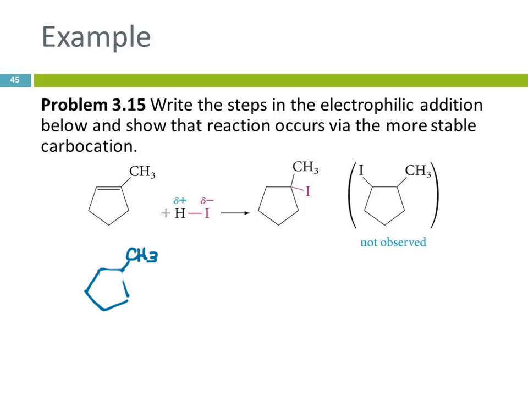So we get rid of the double bond. We could put the hydrogen over here. If the hydrogen goes to this carbon, then where does the positive charge go? It goes to the other carbon in the double bond. So this one's going to have a positive charge.